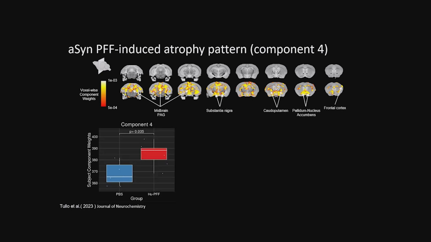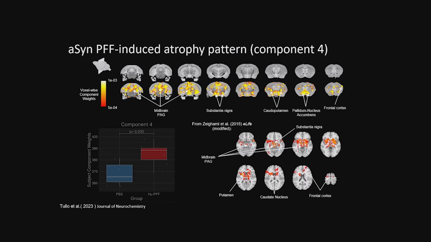And we can assay this using a network-type propagation model, or even a very simple matrix factorization model, like non-negative matrix factorization, where you can get subject-specific loading on this, and we see more of this atrophy pattern in the injected animals than not.